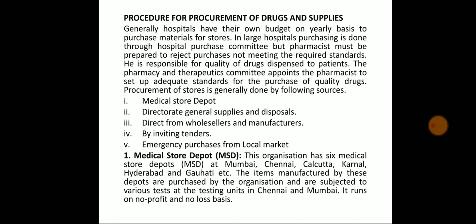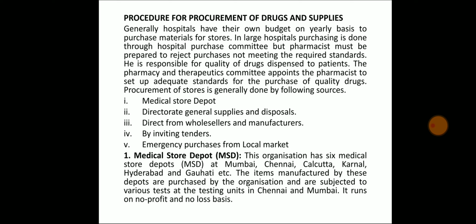Procedure for procurement of drugs and supplies. Generally, hospitals have their own budget on a yearly basis to purchase materials for stores. In large hospitals, purchasing is done through the hospital purchase committee, but pharmacists must be prepared to reject purchases not meeting the required standards.